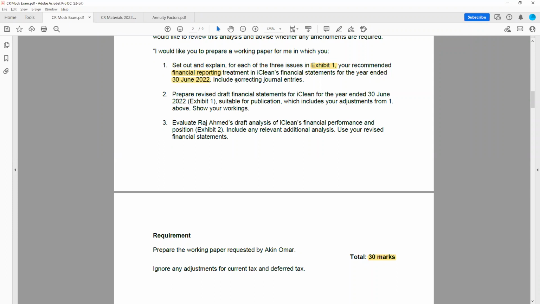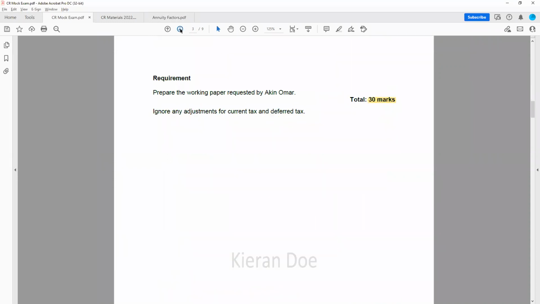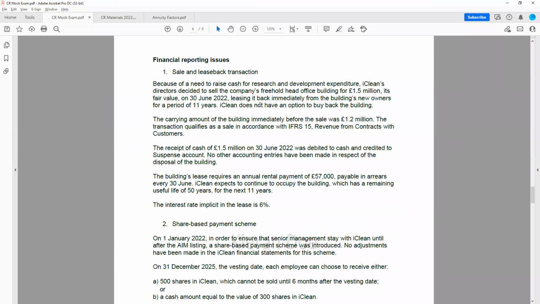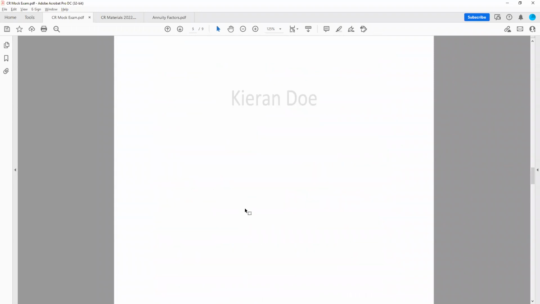Include correcting journal entries. This is quite common, and as you'd expect, all question 2s require you to explain the financial reporting treatment, and we've got 3 issues here in Exhibit 1. It's very common that you'd have a series of issues to work through and just explain the financial reporting treatment of each. We can see we've got the 3 issues here, so that's very standard.